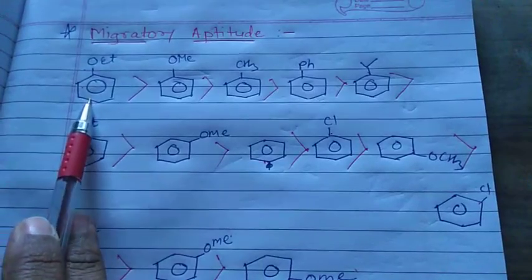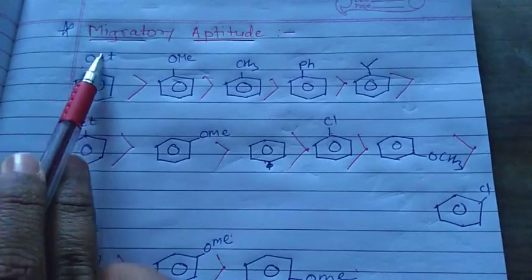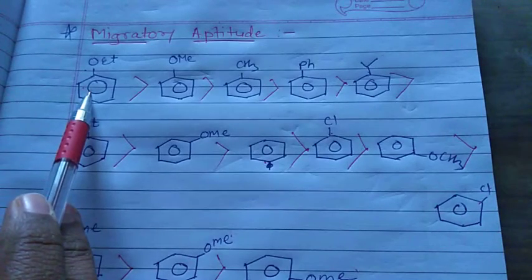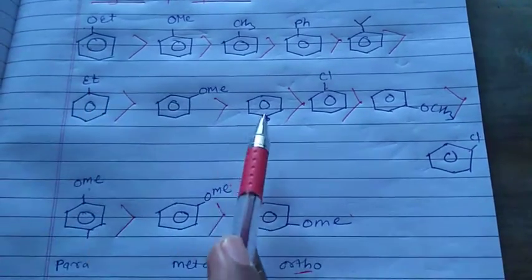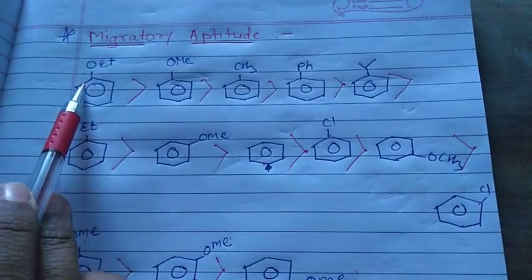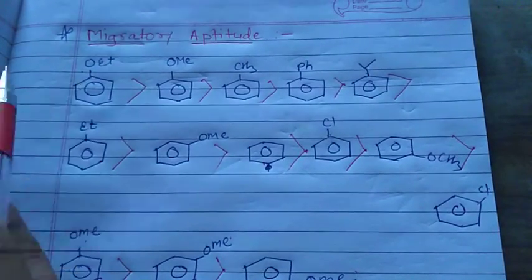This phenyl group, the OCH3 substituted phenyl group, has more migratory aptitude than this benzene. That means this group is migrated to the carbocation.